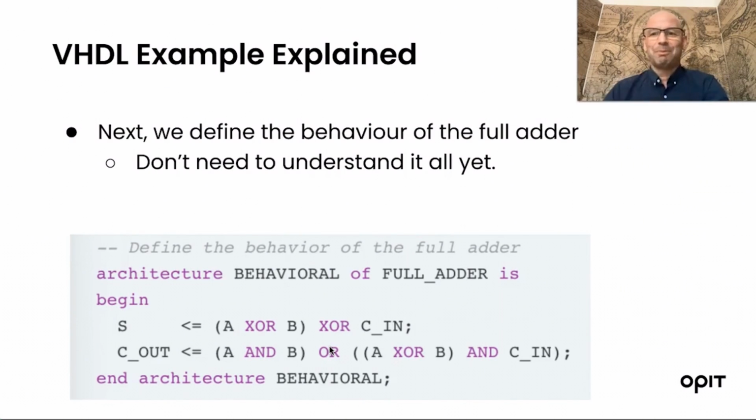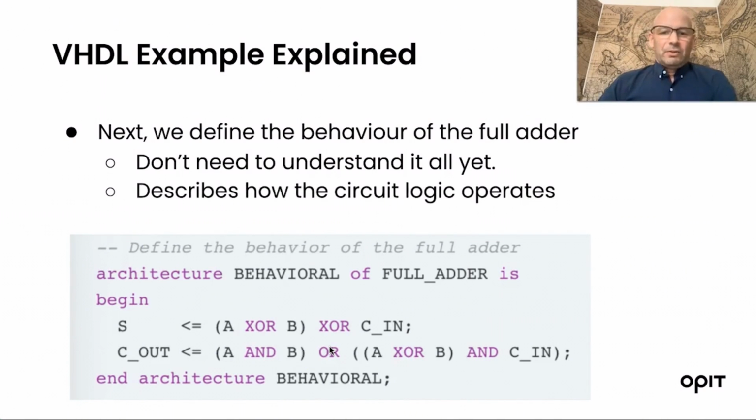So we can build quite complex logic based on what we want our desired results to be. That all describes how the circuit logic operates. All that we've created here is from that full adder gate logic that we went through previously.